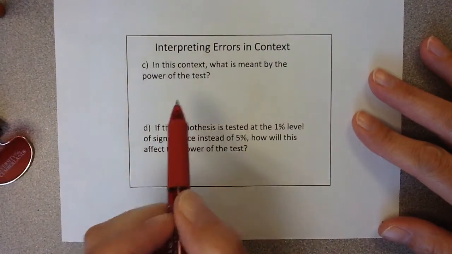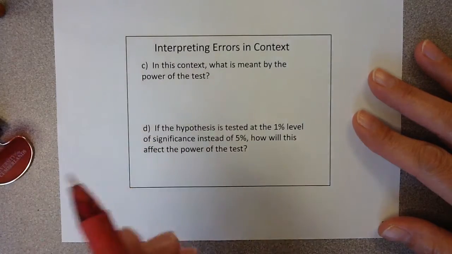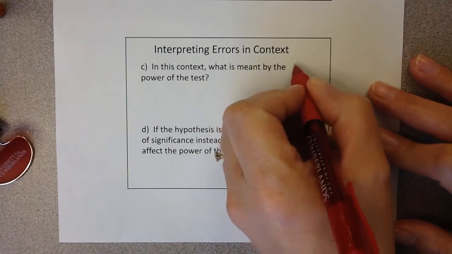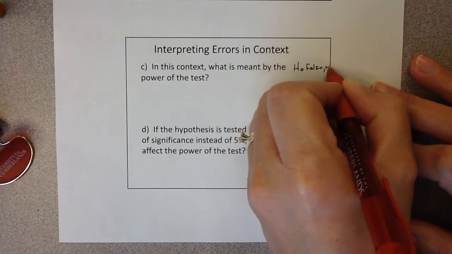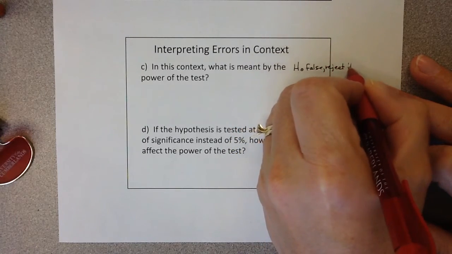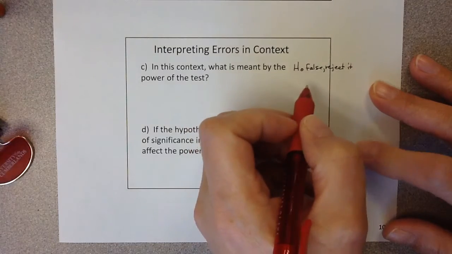In this context, what is meant by the power of the test? So power of the test is the probability of having a false null and rejecting it. So making a correct decision.